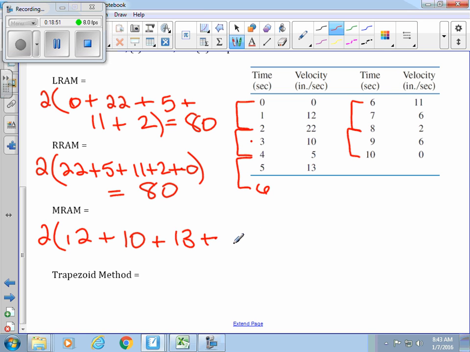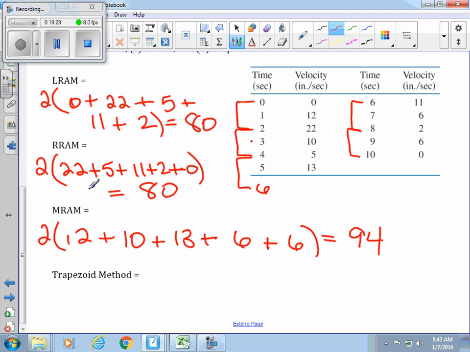Because generally they're not going to make you do 10 rectangles. I could be wrong. 25, 35, 47 times 2, 94. Now, a lot of times people will say, well, if I do a left and a right approximation, then the average of those two is going to be the best approximation.